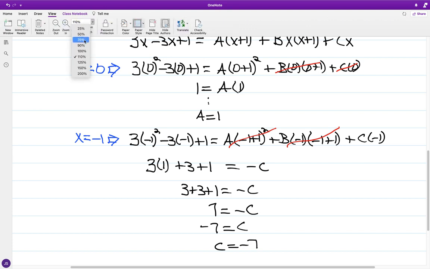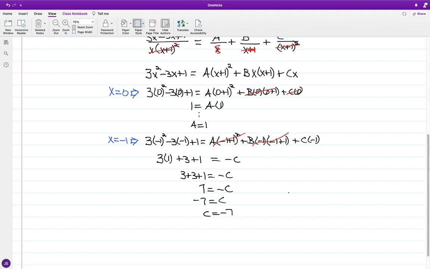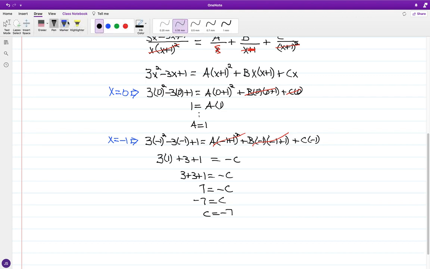All right. So just looking at what we have at this stage, now we have solutions for a and c, and we can solve for b. I can choose an arbitrary value for x. And I tell you what, we'll go with x equal to 1.